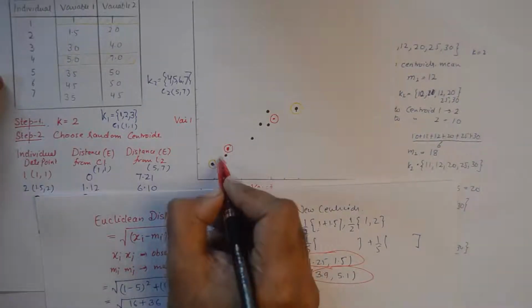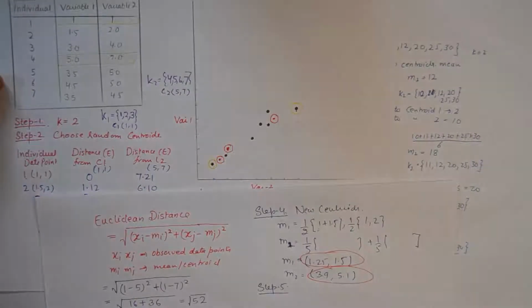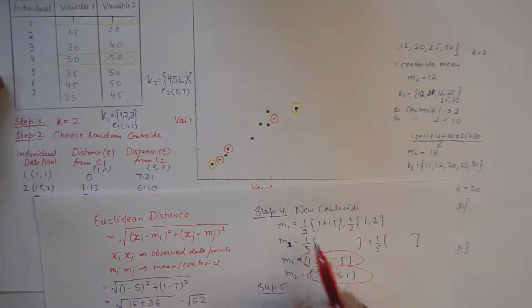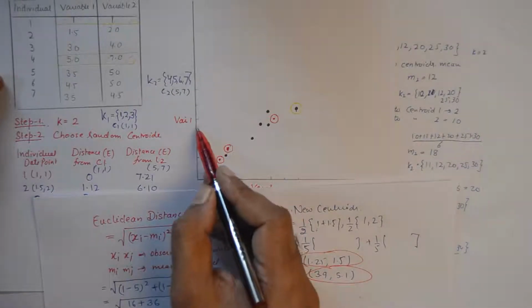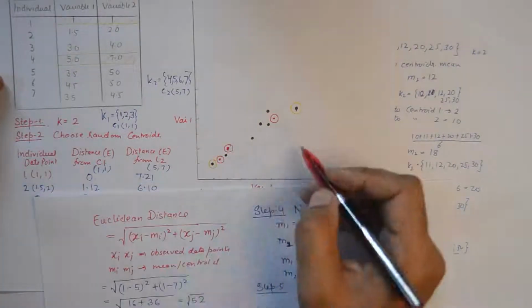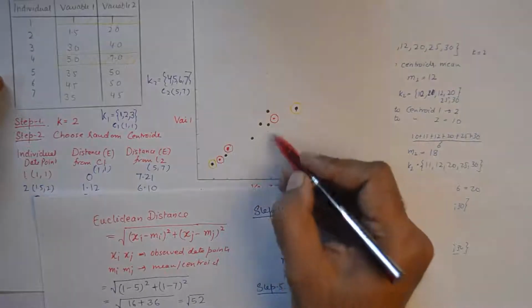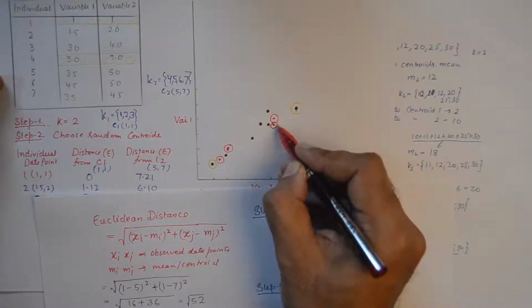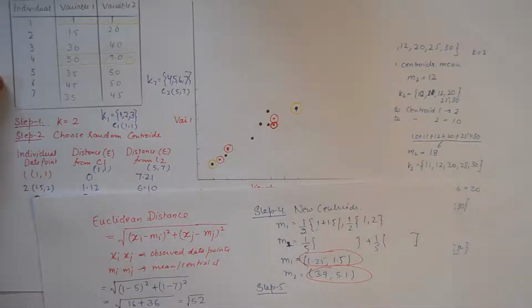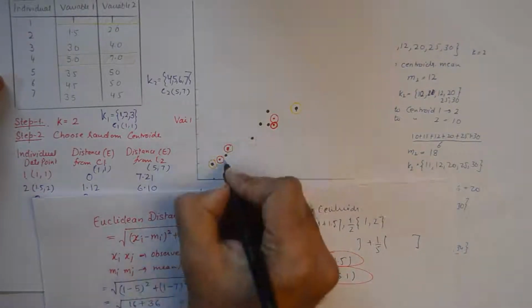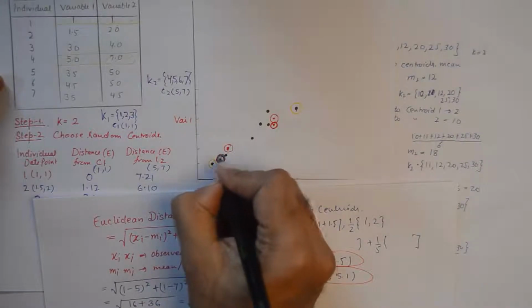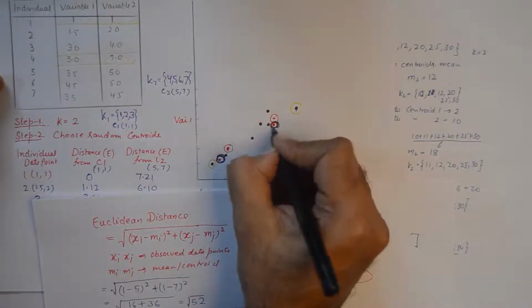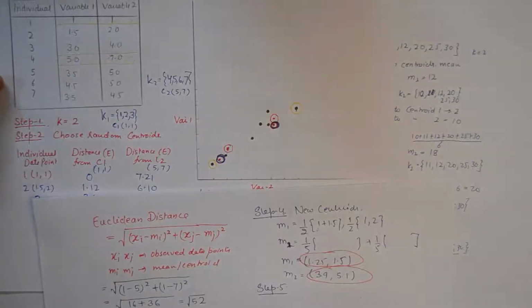In the third step, the centroid has shifted to this new point, and this has gone down to 3.9 and 5.1, so this has not shifted much, just a little downwards. So I can mark this as the third time we've gotten the centroids.